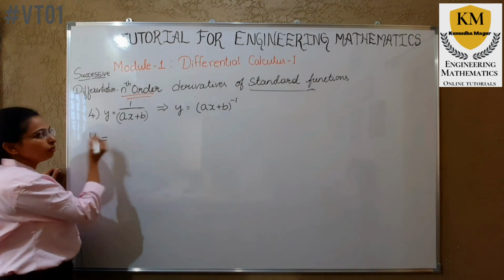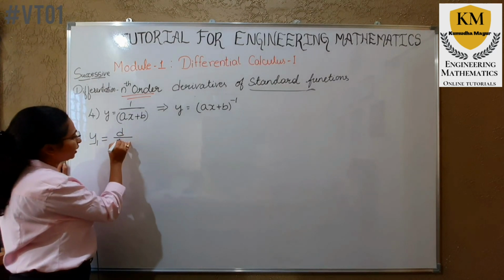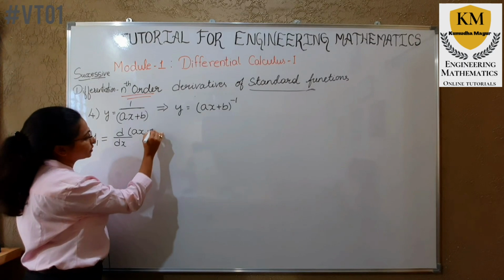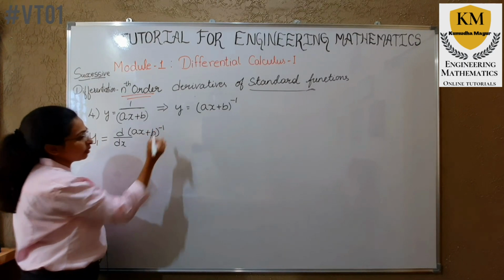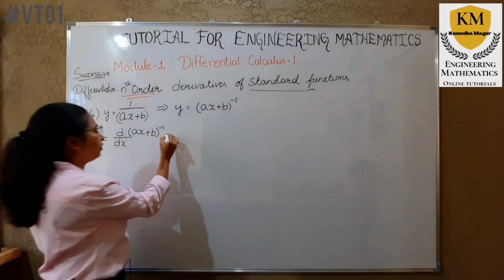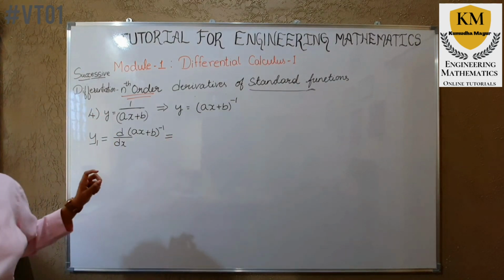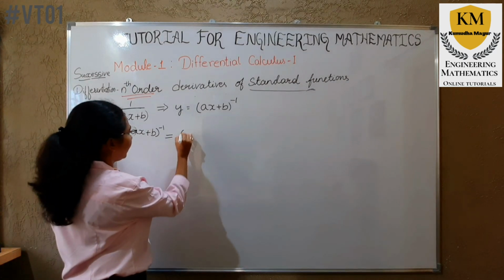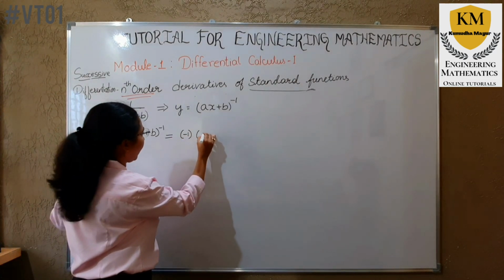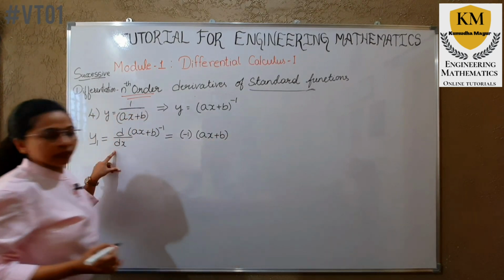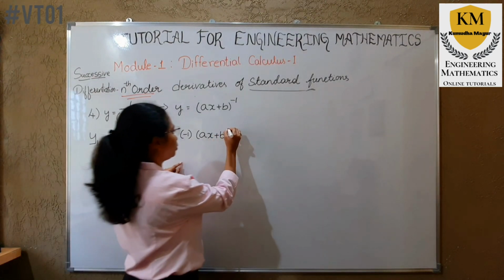Y1 is equal to d by dx of (ax plus b) whole to the power minus 1. So when you differentiate this, you are going to get minus 1 (ax plus b) whole to the power minus 2.